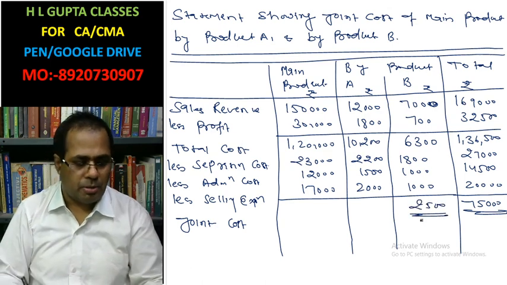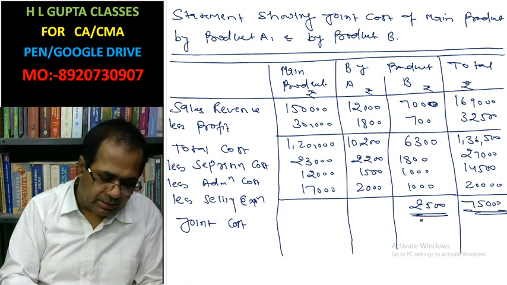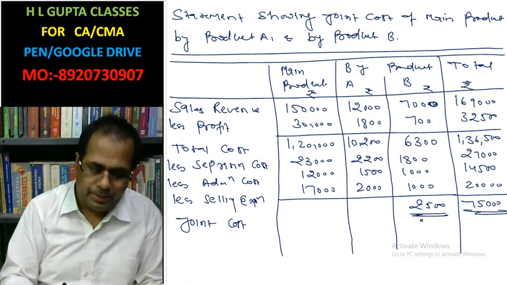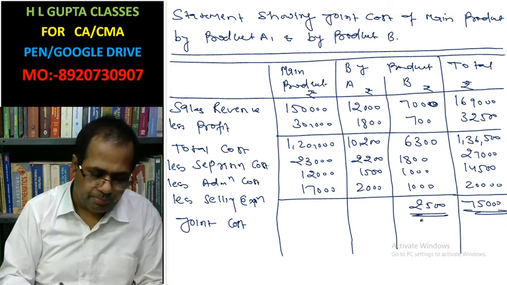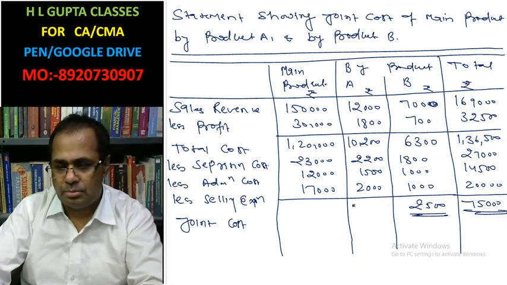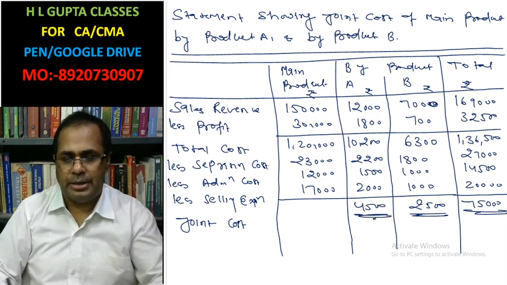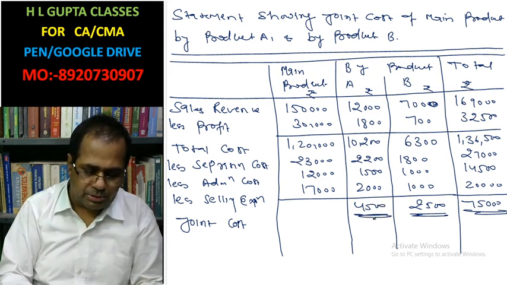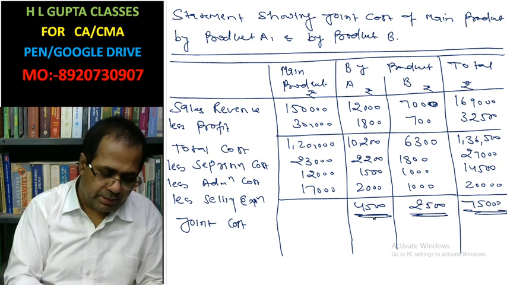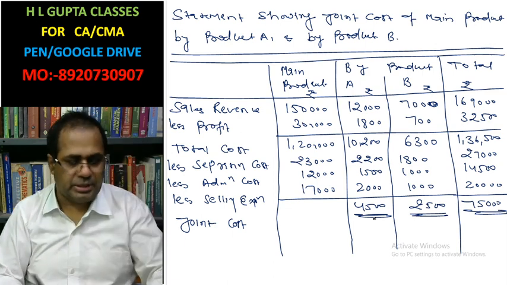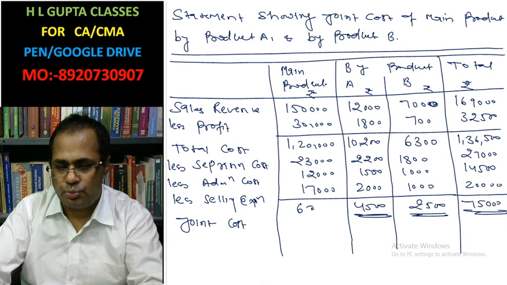For byproduct A: 10,200 minus 2,200 minus 1,500 minus 2,000 is 4,500. For the main product: 1,20,000 minus 23,000 minus 12,000 minus 17,000 is 68,000. These are the joint costs we have calculated.